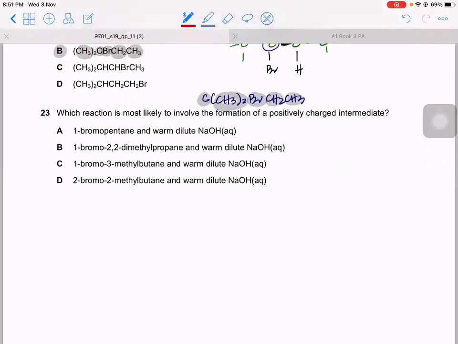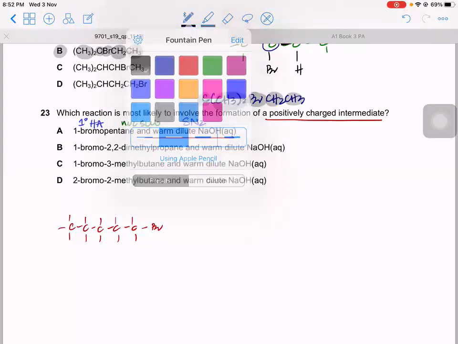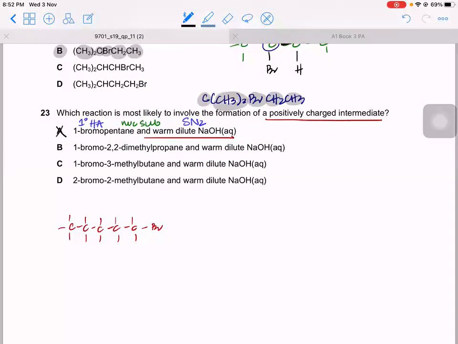23. Which reaction is most likely to involve the formation of a positively charged intermediate? 1-bromopentane is a primary halogenoalkane, reacting with aqueous NaOH. So this is nucleophilic substitution, which has 2 mechanisms, SN1 and SN2. Primary halogenoalkanes always undergo the SN2 mechanism, which does not involve the formation of a carbocation.